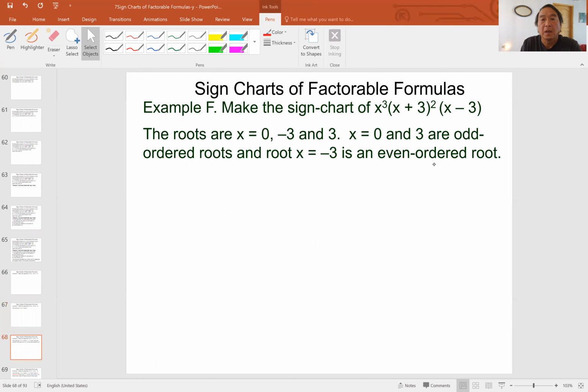And let's look at the order: which one comes from odd powers, which show up an odd number of times, and which one shows up an even number of times. x equals 0 shows up 3 times, x equals 3 shows up 1 time. So the roots 0 and 3 are odd order, they have odd power. But the root -3 comes with the power 2, so it has an even order.